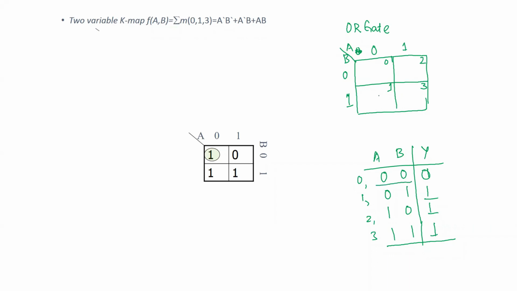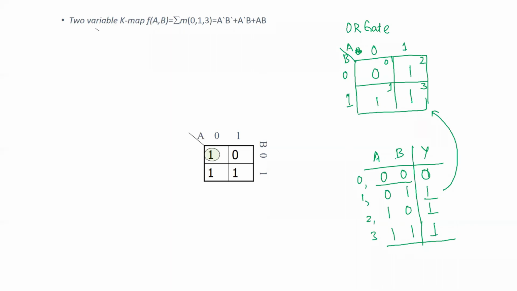For 0 0 you have the value 0. For 0 1 you have 1. For this you have value 1, and for this also value 1. So you are just filling the values from the truth table into the K-map. The first thing you are supposed to do is make a K-map, and then substitute the values from the truth table.